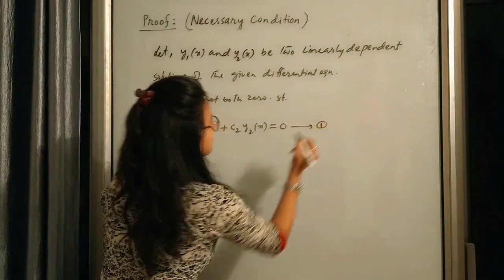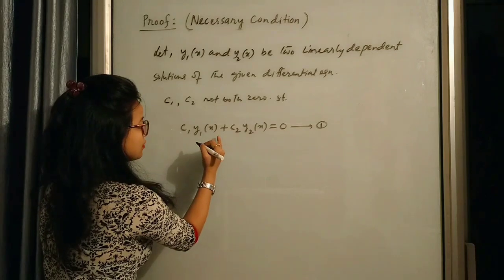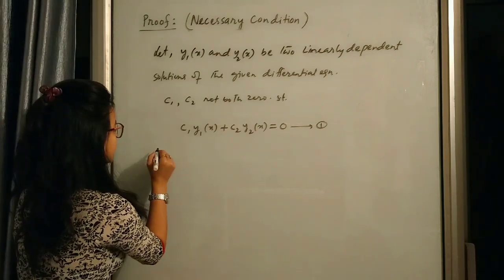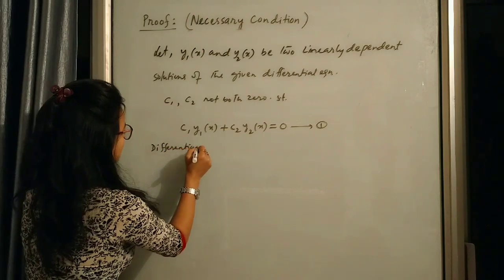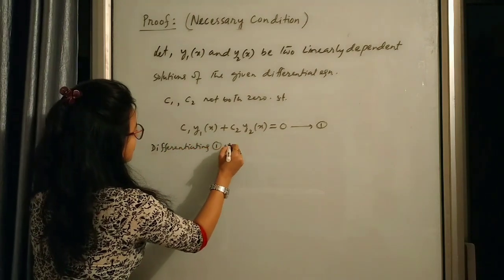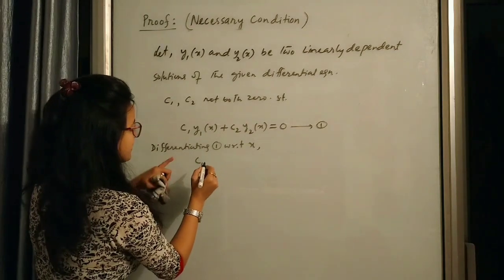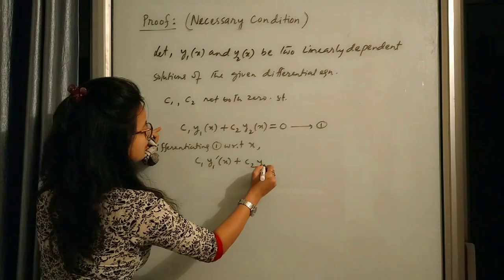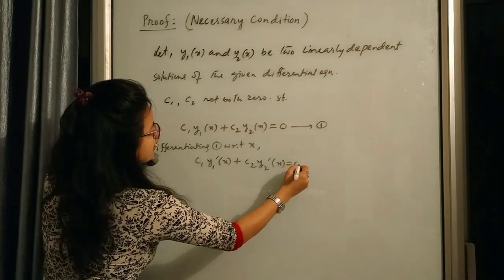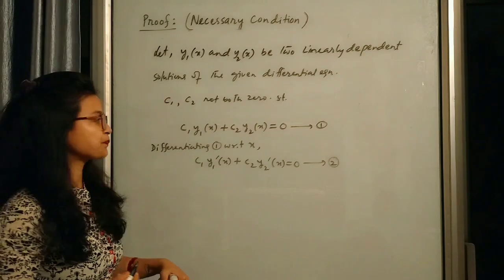Let's consider this as 1. Now differentiating 1 with respect to x, we have c1 y1'(x) plus c2 y2'(x) is equal to 0. Let's take this as number 2.